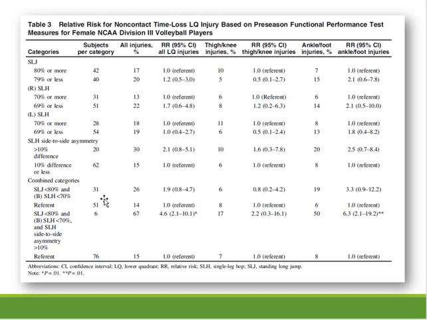So what did I find from this table here? If you come down here, basically individual test scores were not associated with a greater risk of injury.